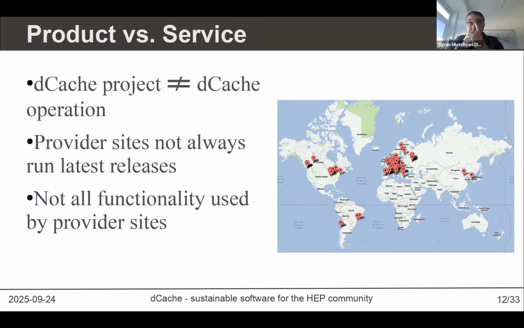So the software that we provide as a project is not always the same as what the sites run, in the sense that sites might be behind what we do, or other sites might be ahead of us. I think with dCache 9.2, BNL was the first site who installed it on a large scale before, for example, DESY or Fermilab were running it.